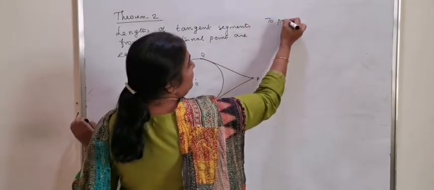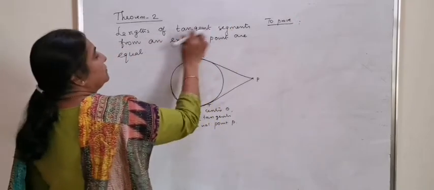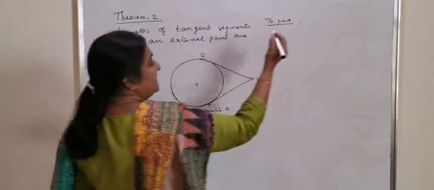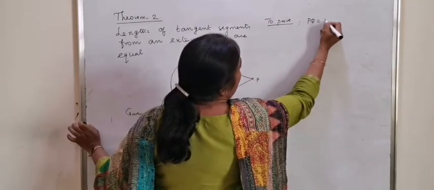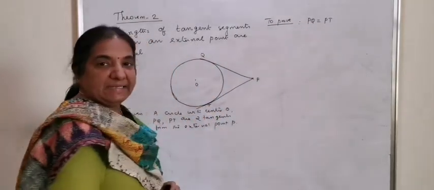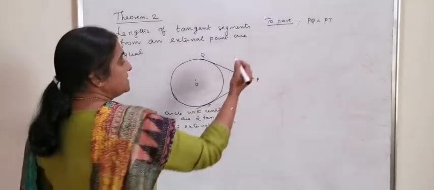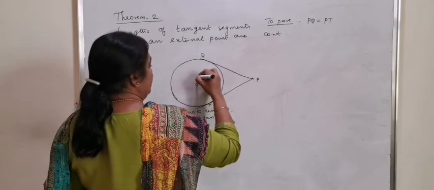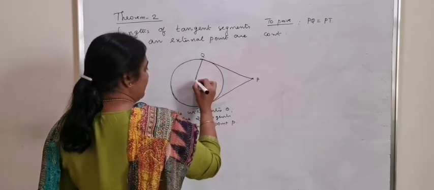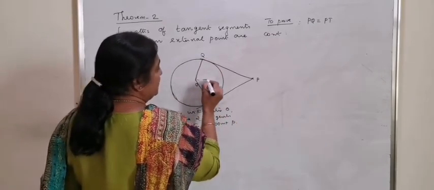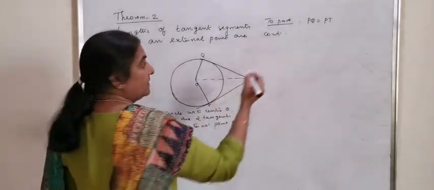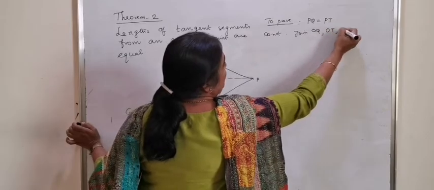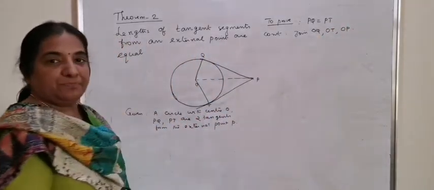To prove the length of tangents from an external point are equal. That means what we have to prove is PQ is equal to PT. And what is the construction? The construction is join OQ, OT and OP.